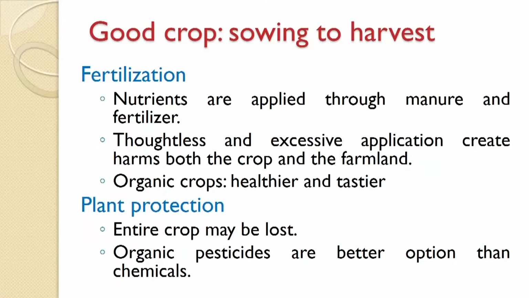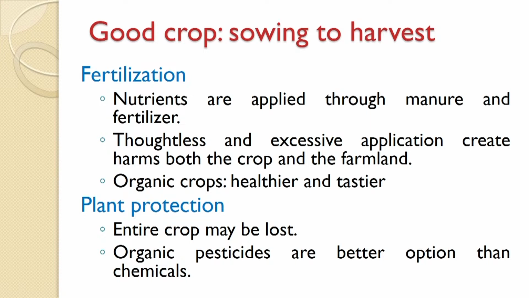If we do not take sufficient measures to protect the plant, our entire hard work will go in vain, and the entire crop may be lost. So we must apply the various types of pesticide available in the market.